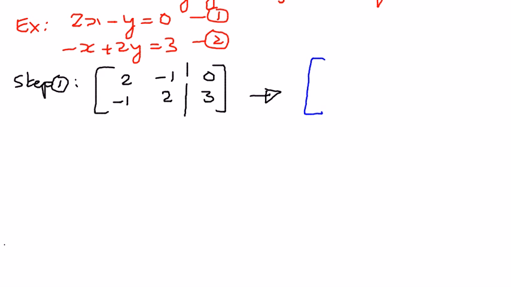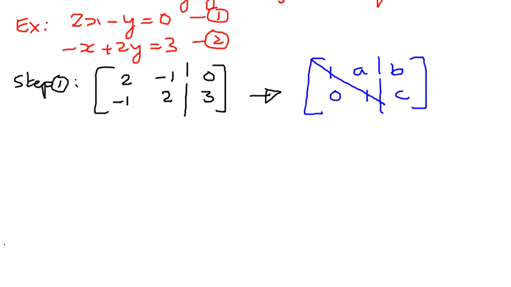We want ones along the major diagonal and zeros below the major diagonal. Whatever numbers come will be based off the row operations which we're going to perform.